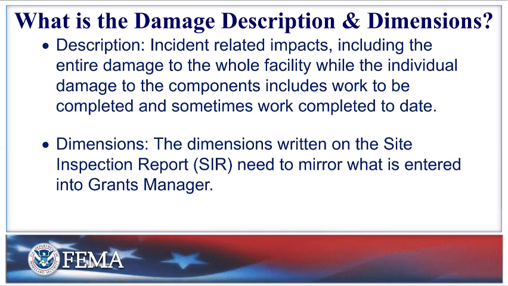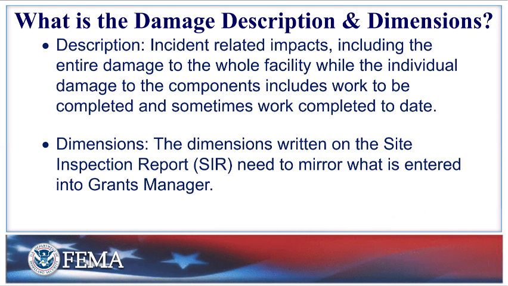And we want to keep in mind that the overall general damage includes the entire damage of the facility, while we also have those individual damage components, which can either be work to be completed or work that has been completed. So we want to remember that. And then lastly, we have our dimensions. In this information, we capture the measurements of what was actually damaged during the incident.